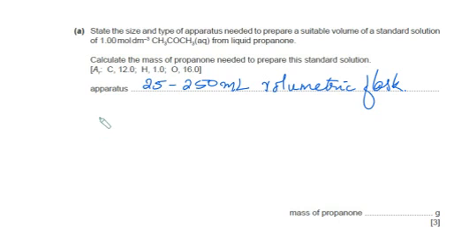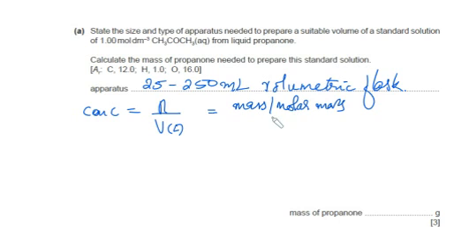For that, the formula is concentration equals number of moles over volume of solution in liters, and the number of moles here I can replace as mass over molar mass.